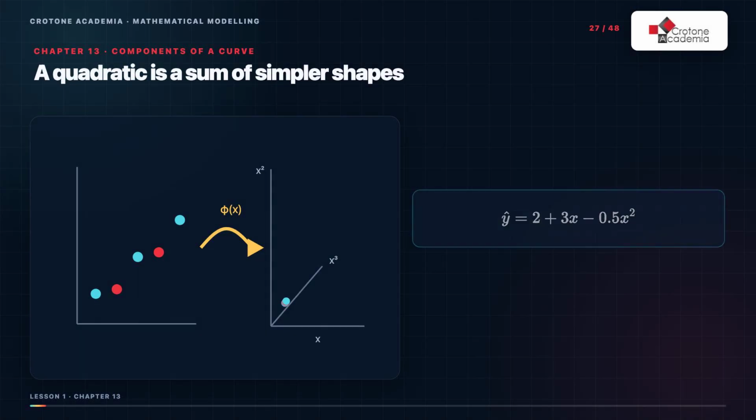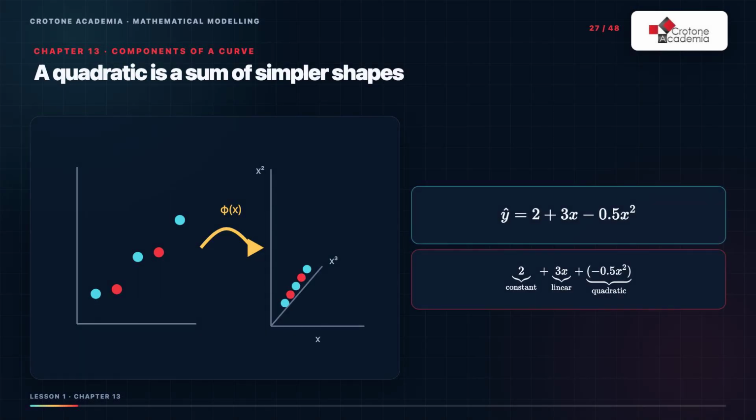Take the concrete model, y hat equals 2 plus 3x minus 1/2 x squared. Separate it into three component graphs: the constant 2, the line 3x, and the downward quadratic negative 1/2 x squared. Add their vertical values at each input to produce the final curve.